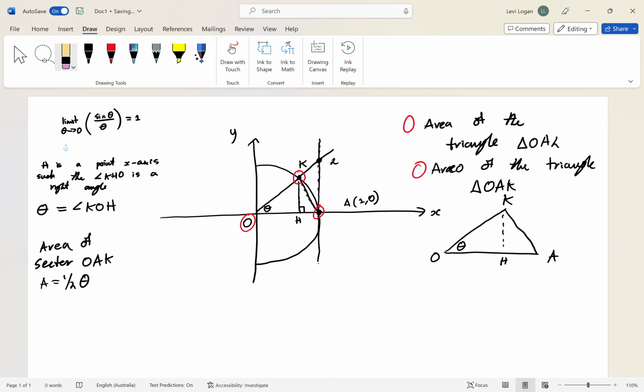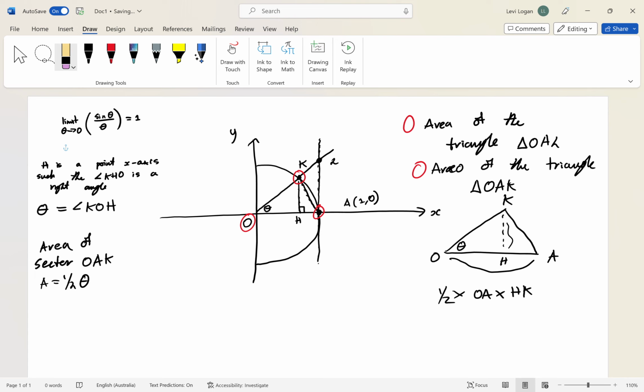Alright. So recall the area of a triangle is a half base times height. So the area is going to be the length of OA multiplied by HK times a half. Okay? Because that's the height and that's like the biggest length.